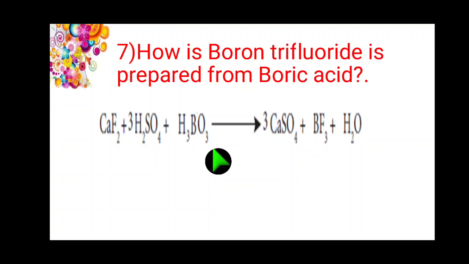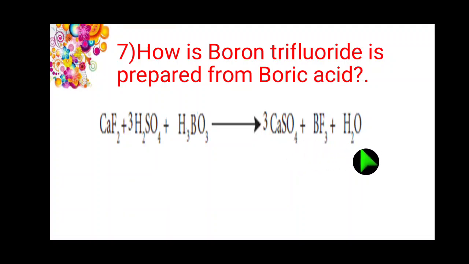Boric acid, H3BO3, reacts with calcium fluoride, CaF2, in the presence of concentrated sulfuric acid and gives boron trifluoride BF3, with calcium sulfate and water as byproducts.